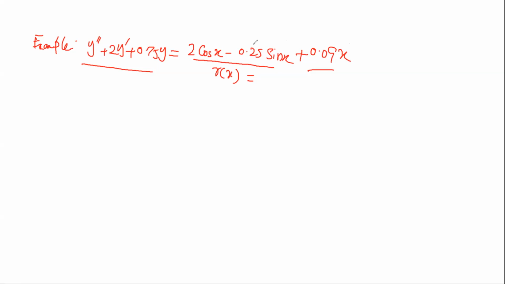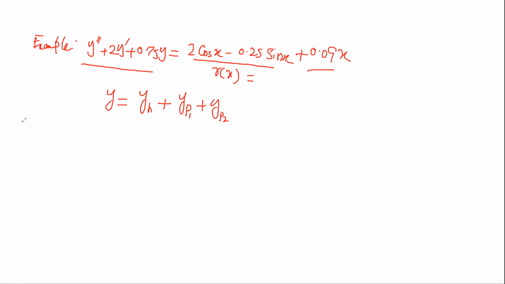The sum rule is very simple. It says that the particular solution will be the sum of these two different types. So the overall solution will be the homogeneous part solution plus particular part solution 1 plus particular part solution 2.